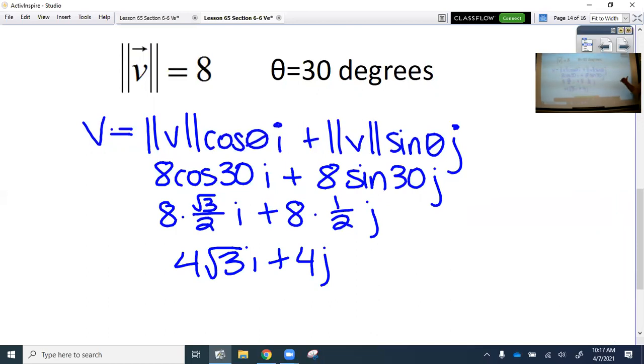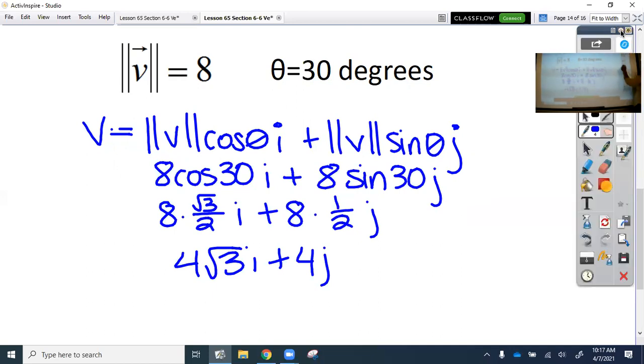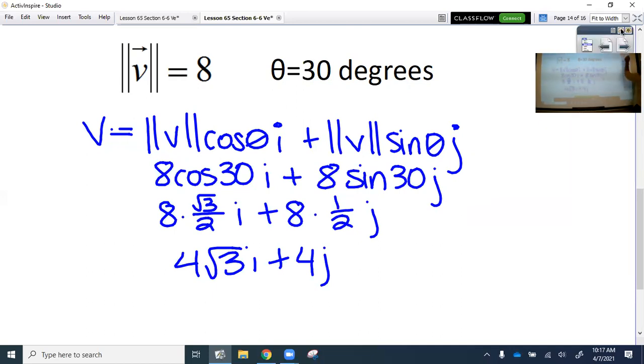Now, I wanted to do that using the formula for the vector, right? But you could also do it by drawing. And you could say, hey, this is 30. There's my 30 degrees, okay? Here is the magnitude, which is 8.